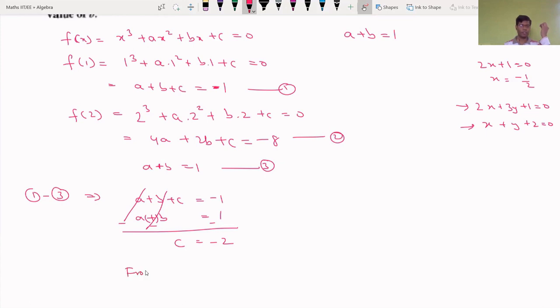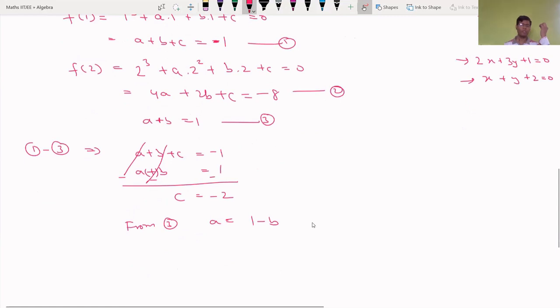So from 3 we have a is equal to 1 minus b. Why I'm doing 1 minus b and not 1 minus a is equal to b is because I'm trying to eliminate a and c so that I can get the value of b directly. Fine. So let me put this in equation 2.